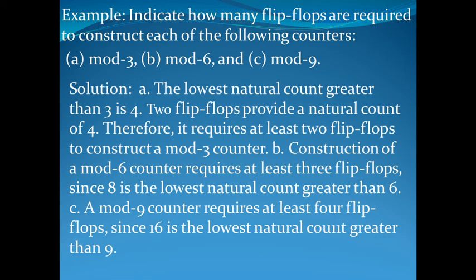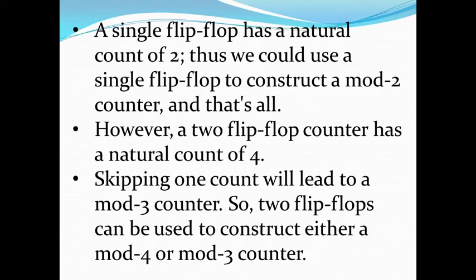Similarly, if there is a natural count of modulus 16, then from that you can convert it by skipping a certain number of states. The modified counter mode 9 can be prepared, since mode 16 is the lowest natural count greater than 9.